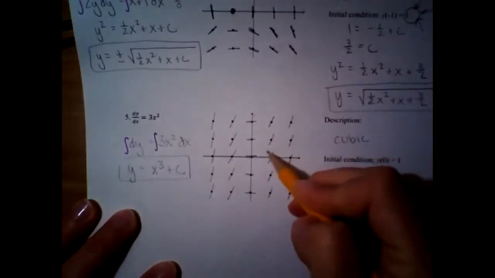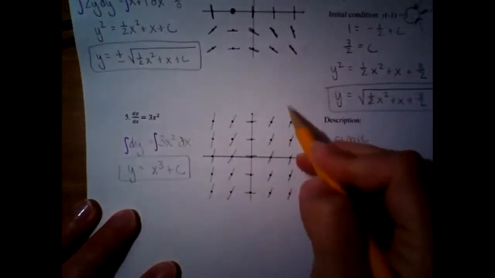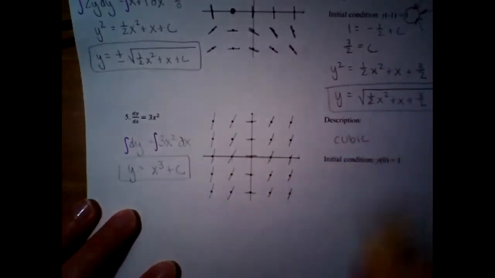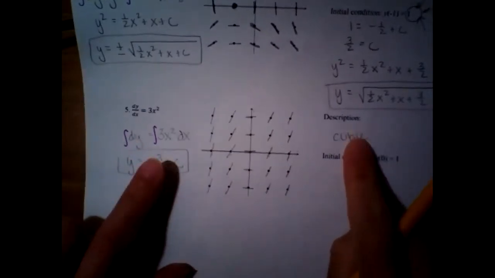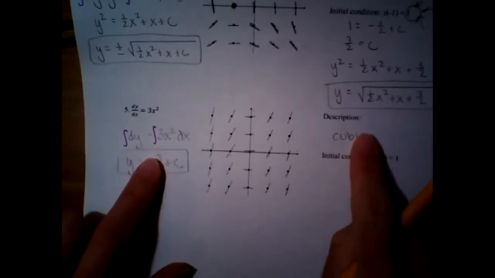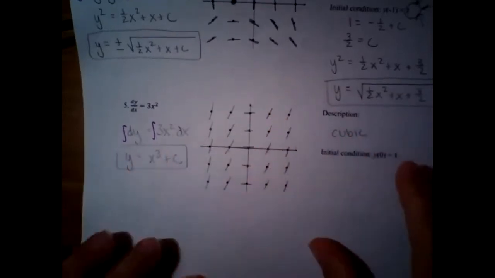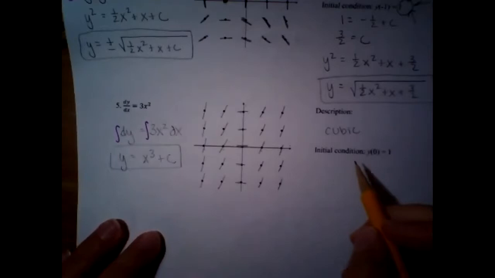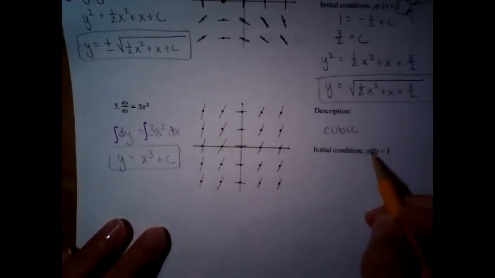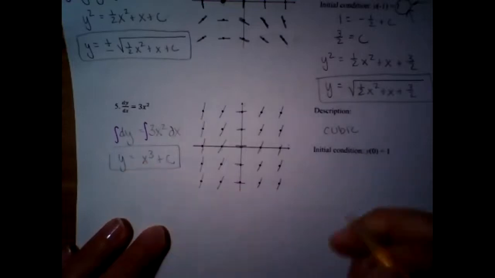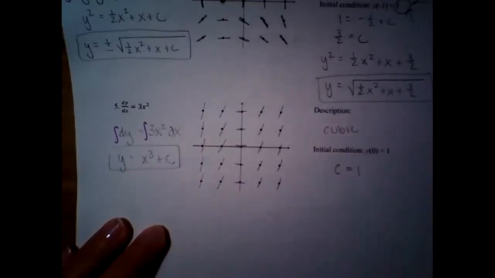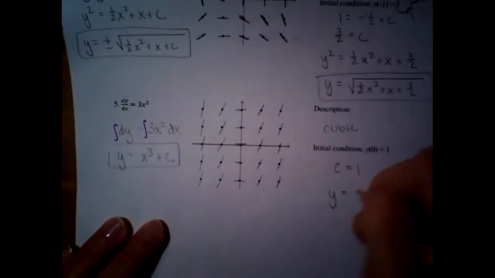So if you follow along with these, you're going to get a wiggly kind of thing. And that's cool. I want you to just make a connection between that. Some people writing me privately, that's nice. Because when you solve it, that's what the graph that you get looks like. So one particular solution, we're going to plug in 0 for x, 1 for y. If you plug in 0 for x and 1 for y, you are going to get that c is 1. So it's going to be y equals x cubed plus 1.